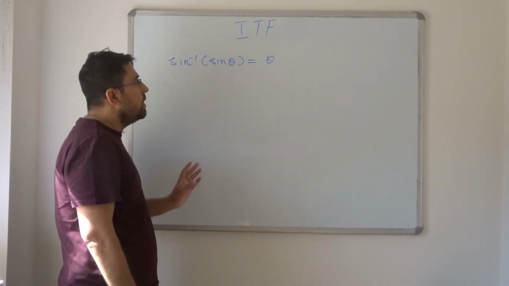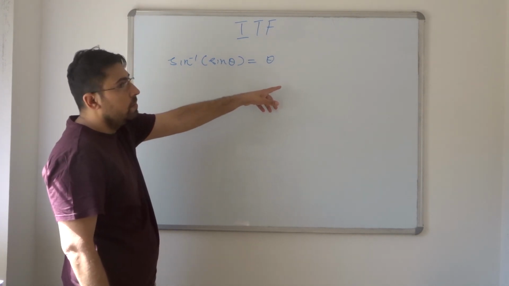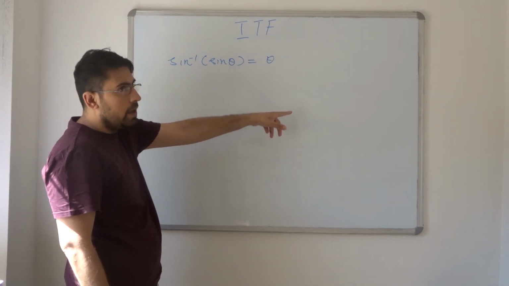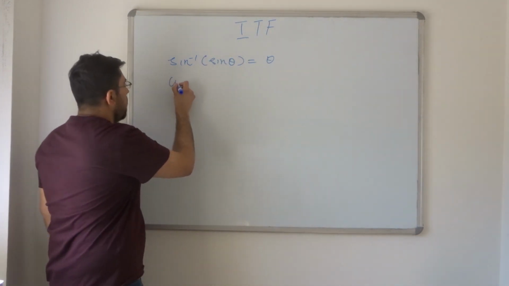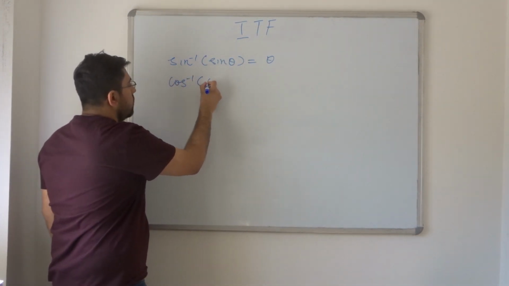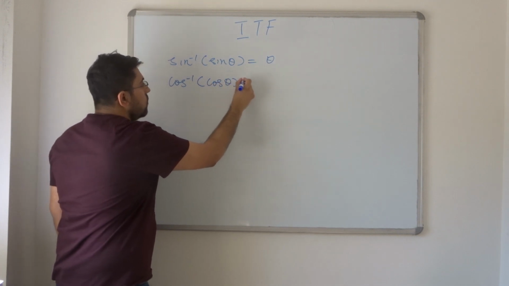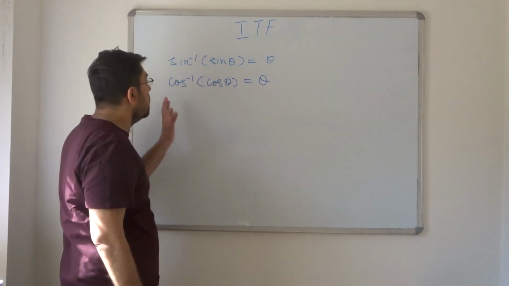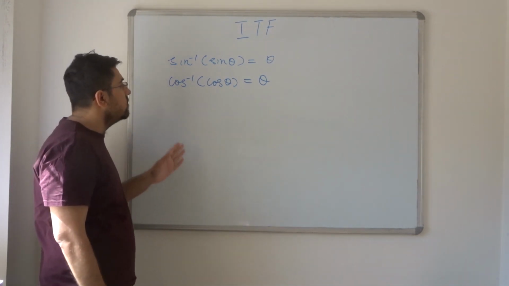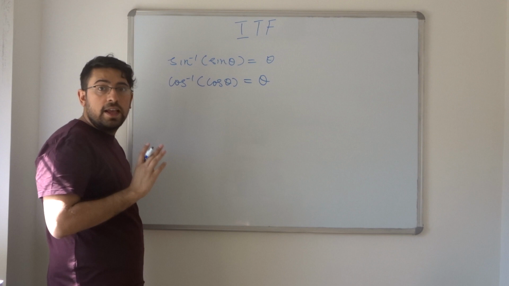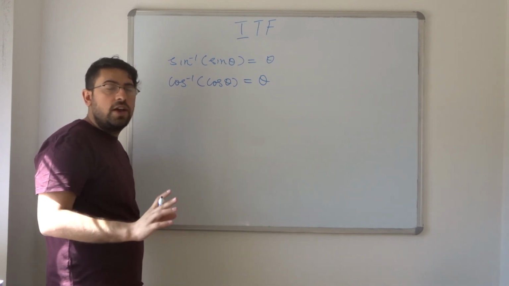But the range will have to be between negative pi upon 2 and positive pi upon 2. It's the same rule for cos and for all the other trigonometric functions, except you need to know the principal value branch.